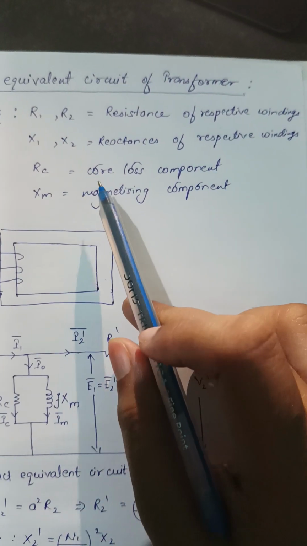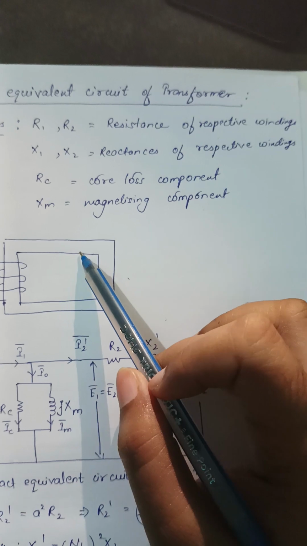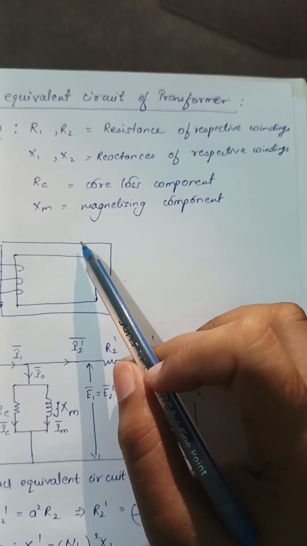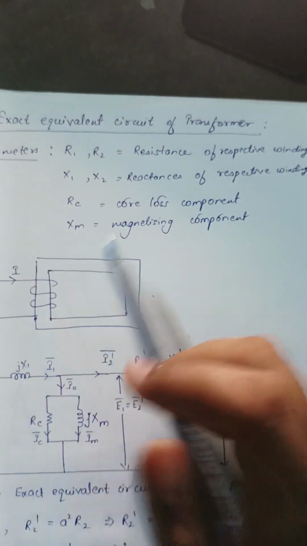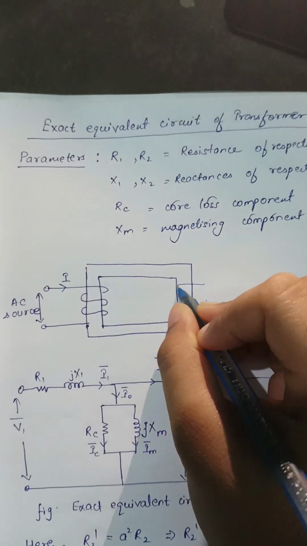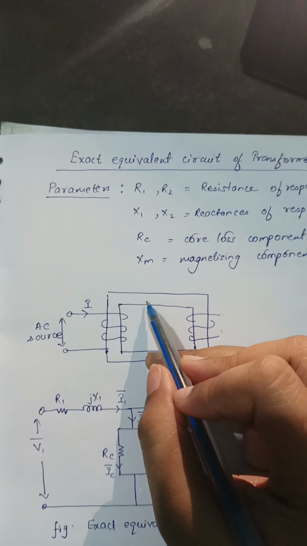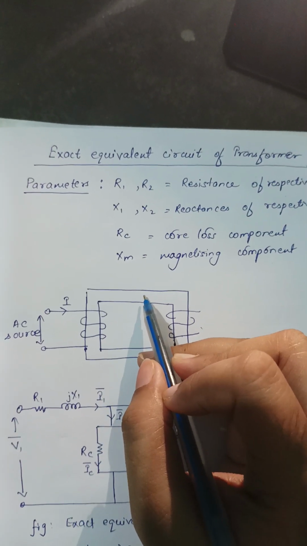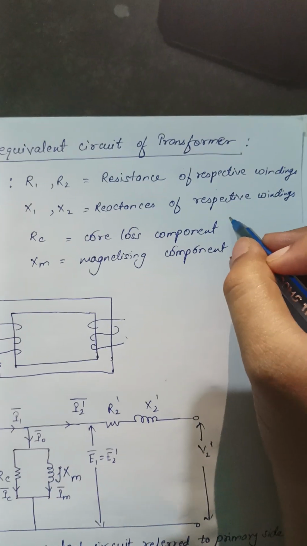And RC is the core loss component. The transformer is composed over a core consisting of the primary winding as well as the secondary winding. So in this core, there is a small quantity of loss. Which kind of loss?